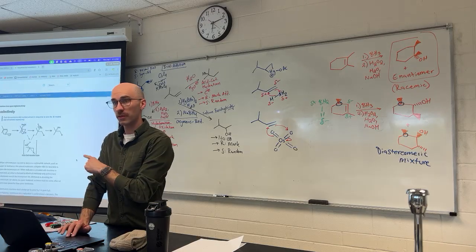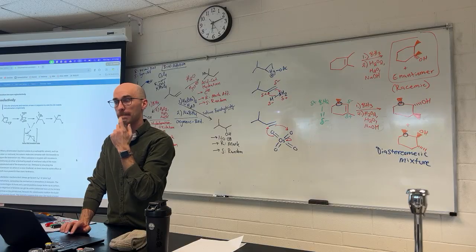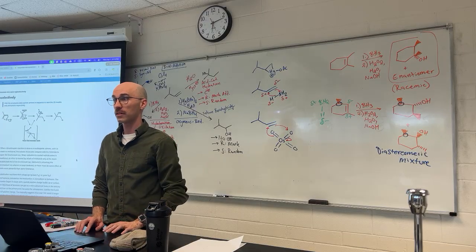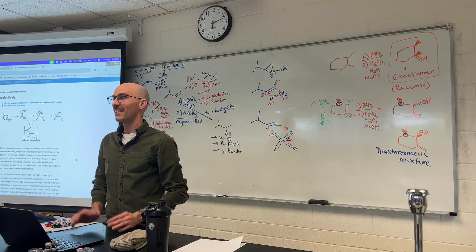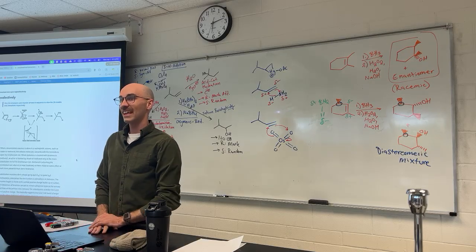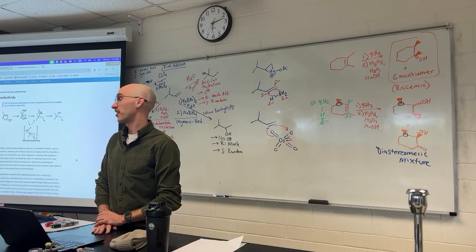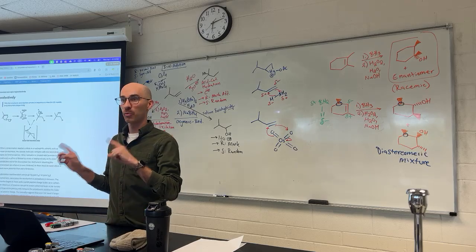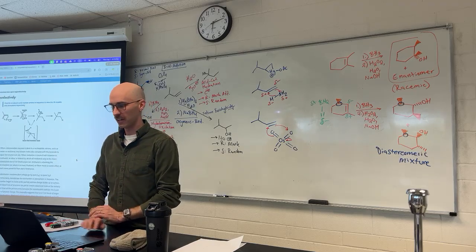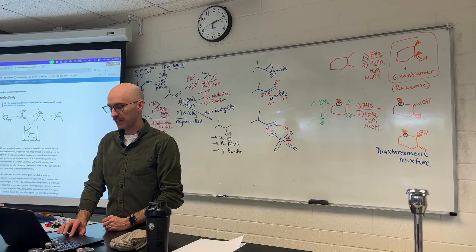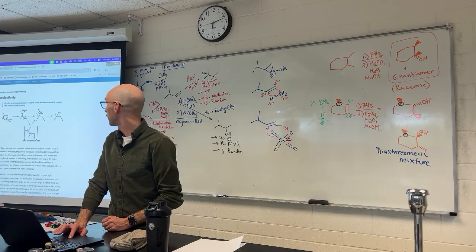Doesn't this look a little familiar? What do you see, Calvin? Yeah, it should look a lot like the mechanism we did at the start of class, except with elemental bromine instead of elemental chlorine. All right, so here is the alkene.